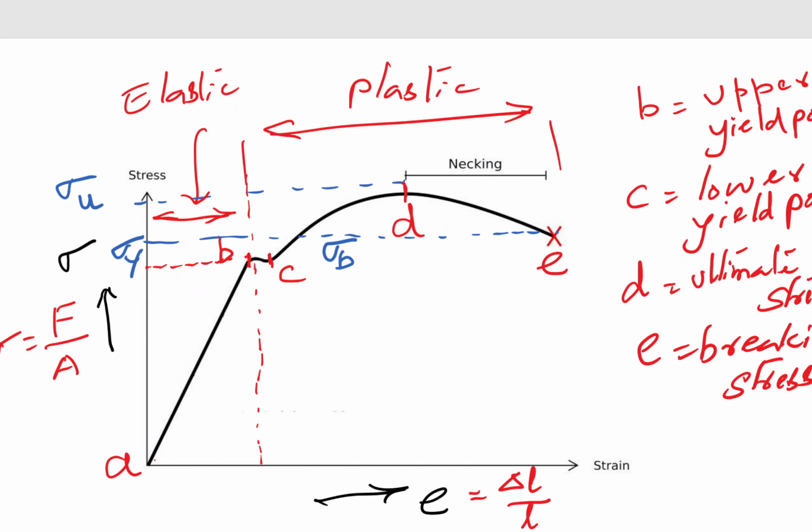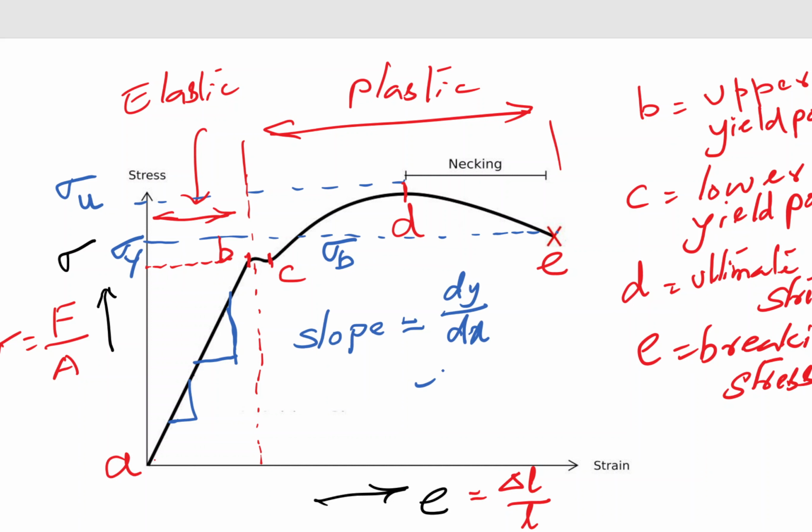Now you can see here between A and B, it is a straight line, is it not? So if I draw at any point two lines, the slope is constant, whether it is here or whether it is this point or the whole triangle. What can I say? Slope is equal to dy by dx.